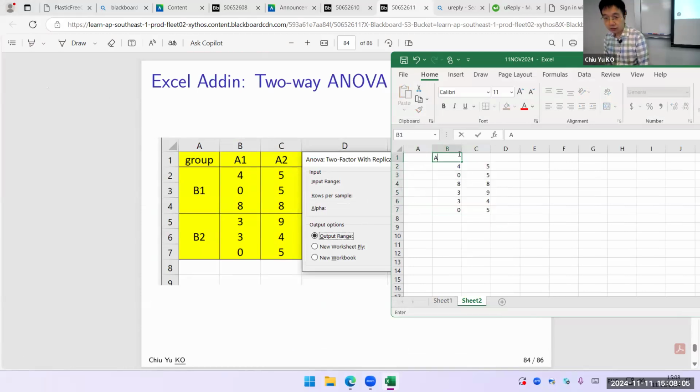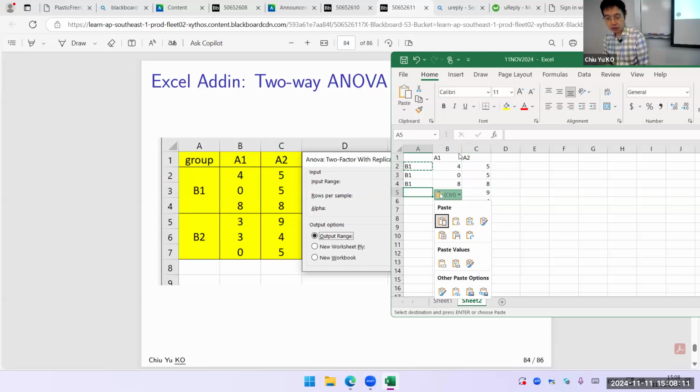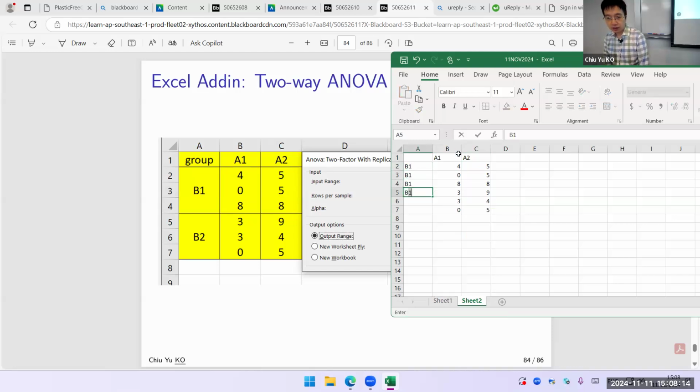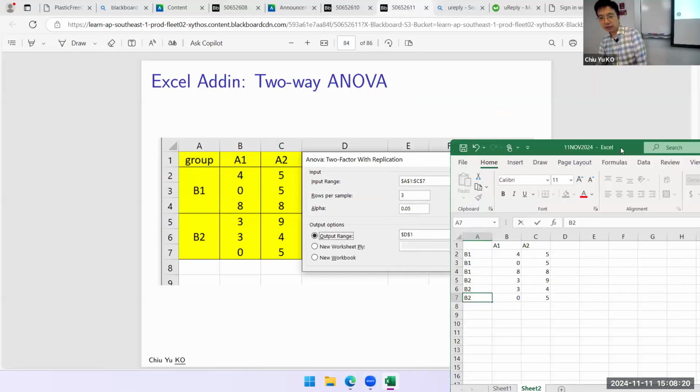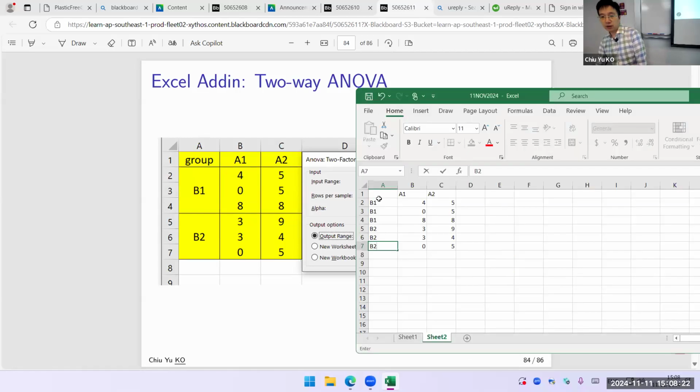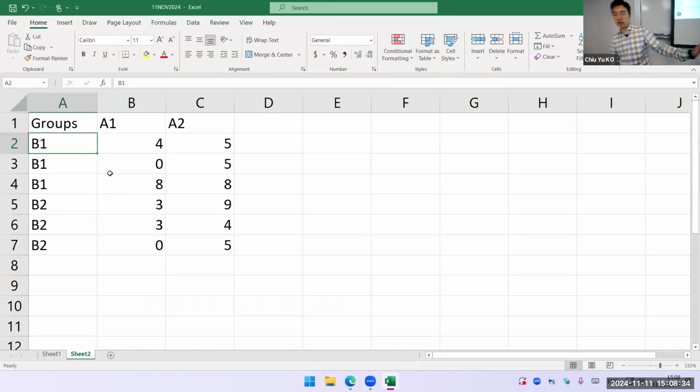Okay, A1, A2, B1, B2, B2, B2. So this is same as the slide here. And then with the grouping. So this is exactly the same that we've seen already.